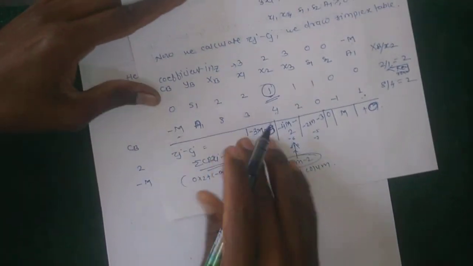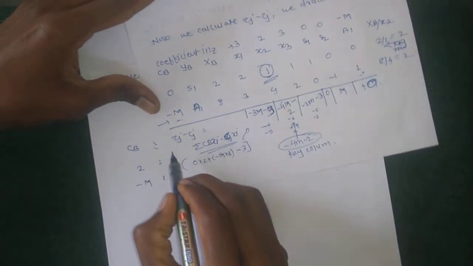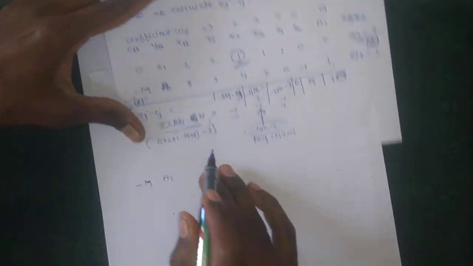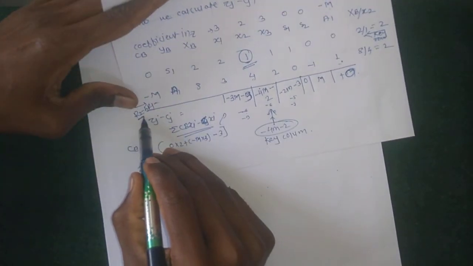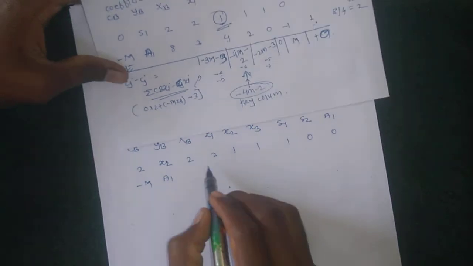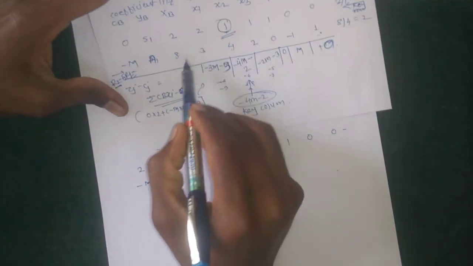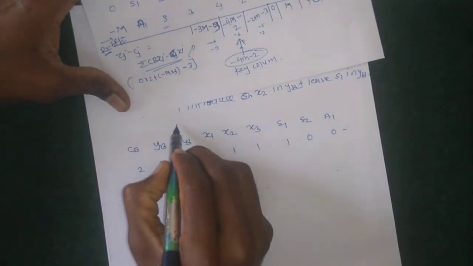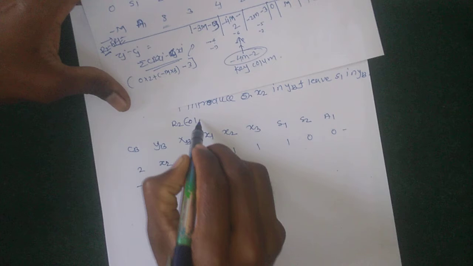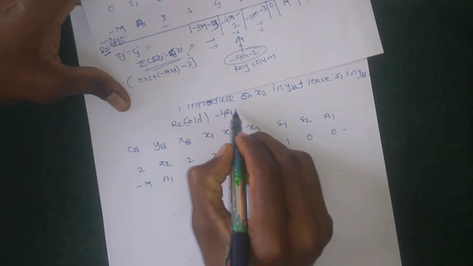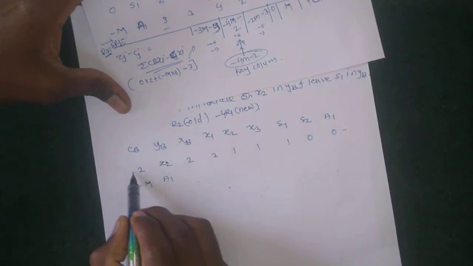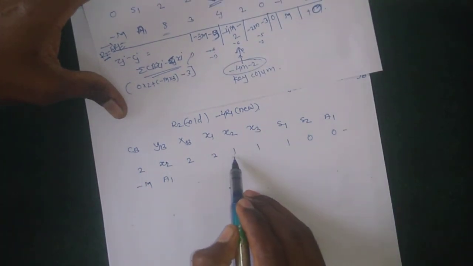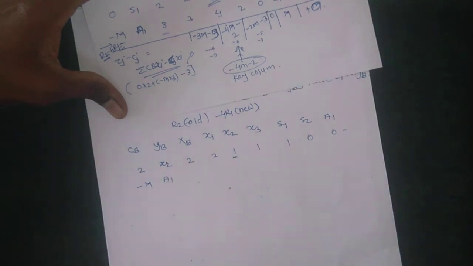And for the second row, the operation is R2 minus 4R1. R2 is old R2 and R1 is new R1. New R1 means the row after converting the leading element to unity.